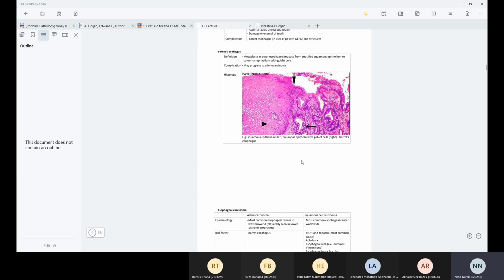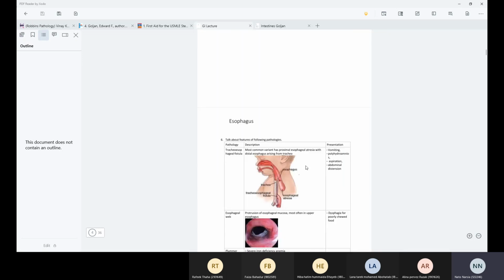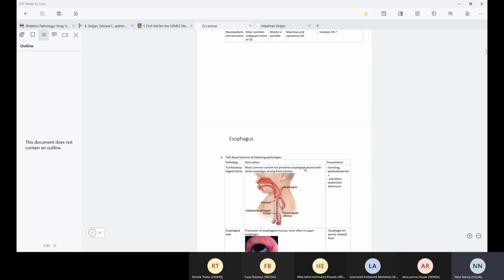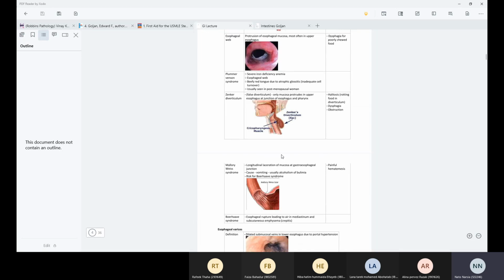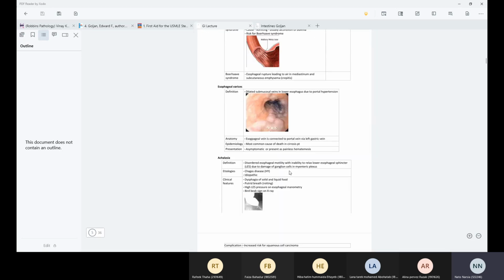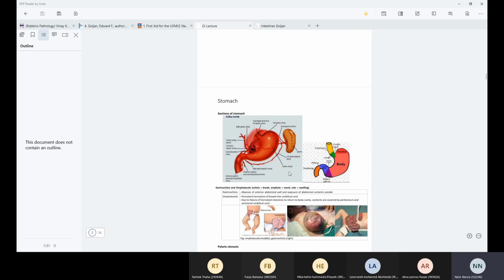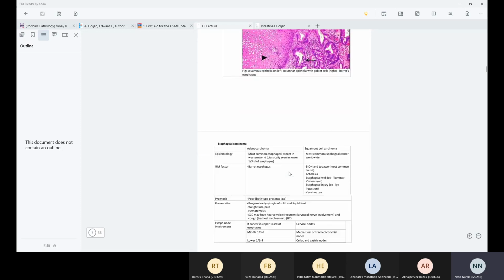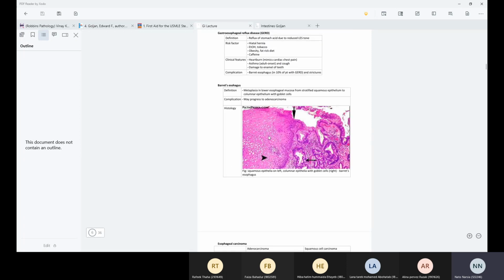I will tell you that in the esophagus, remember the esophagus, right? Imagine, I don't have a picture here. You have the upper two-thirds of the esophagus and the lower one-third. In the lower part, you have this junction, right? The columnar squamous epithelial junction.